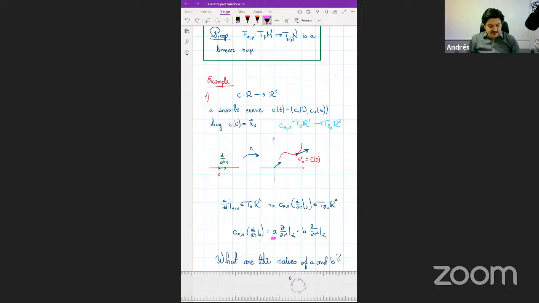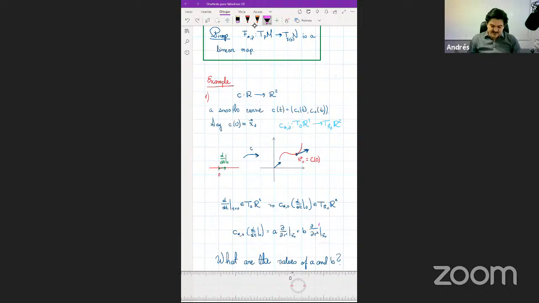And the way to compute these numbers is as follows. So this is a derivation, this is a derivation. I'm going to evaluate it at one function, but one function that is useful for me. And that will be the function R1, so the projection to the first entry.